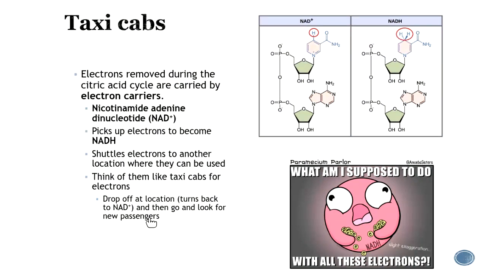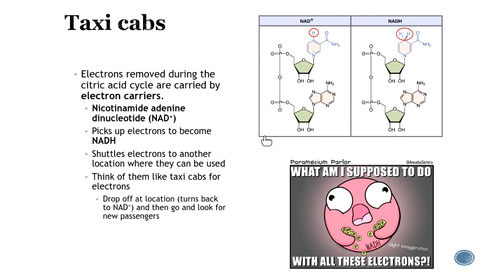I mentioned this in the previous lecture, but we're going to use electron carriers, and the big one that's going to do most of the work for us is NAD+. I think of them like a taxi cab, or Uber or Lyft, if you want to think of it that way. The main job is to pick up electrons and transfer them from one place to another. Once they get to the final location, they drop off their electrons, and now they're empty, so they go back and pick them up over again.